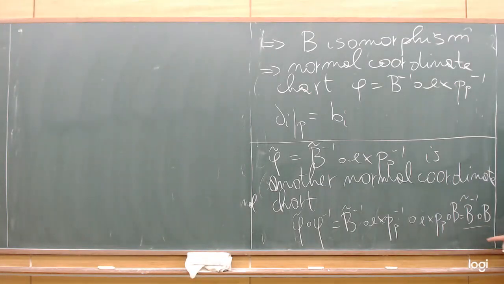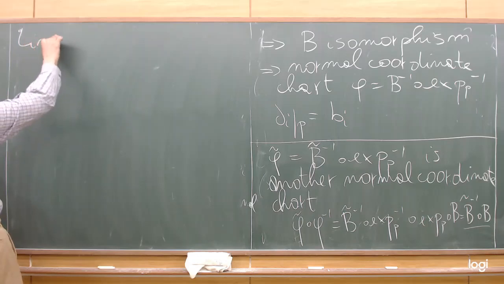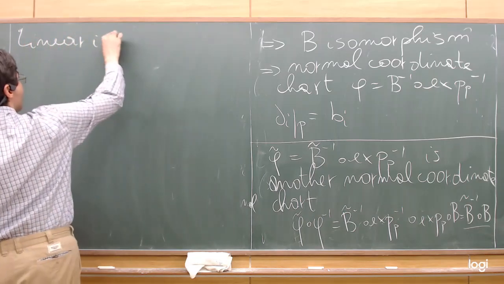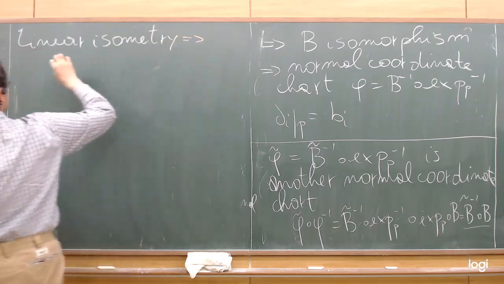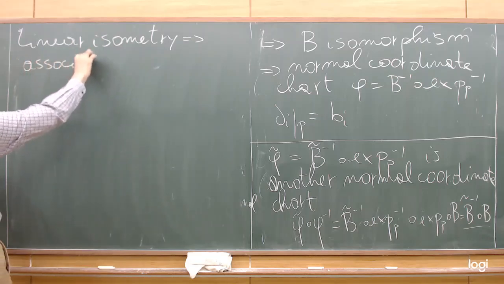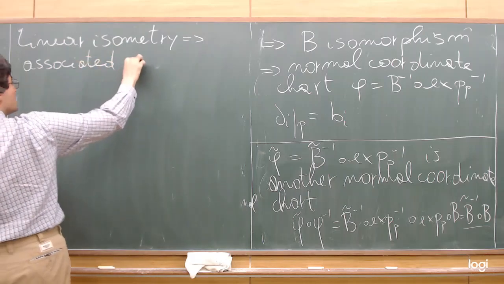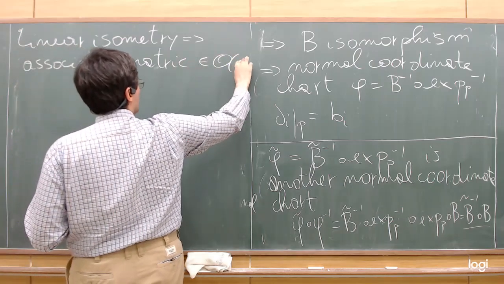So this is a composition of two basis isomorphisms, and precisely it's a linear isometry, which implies the associated matrix belongs to O(n).